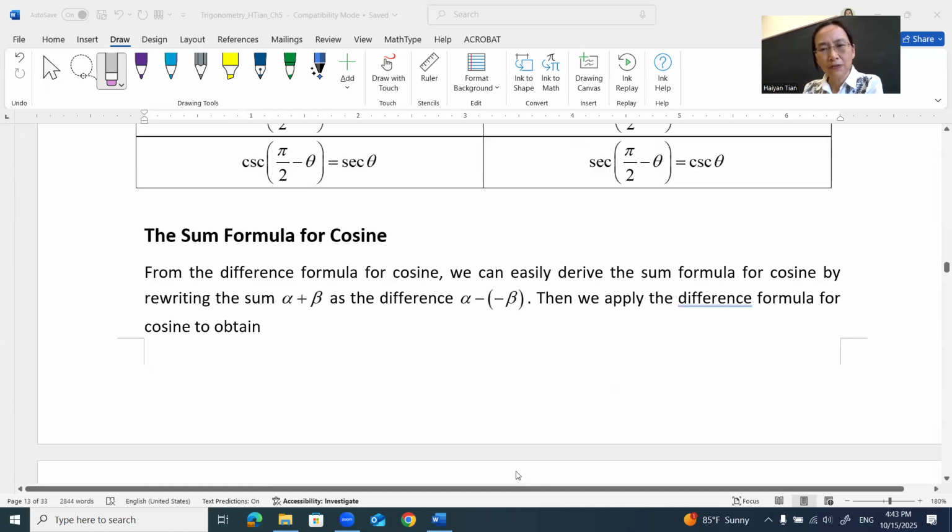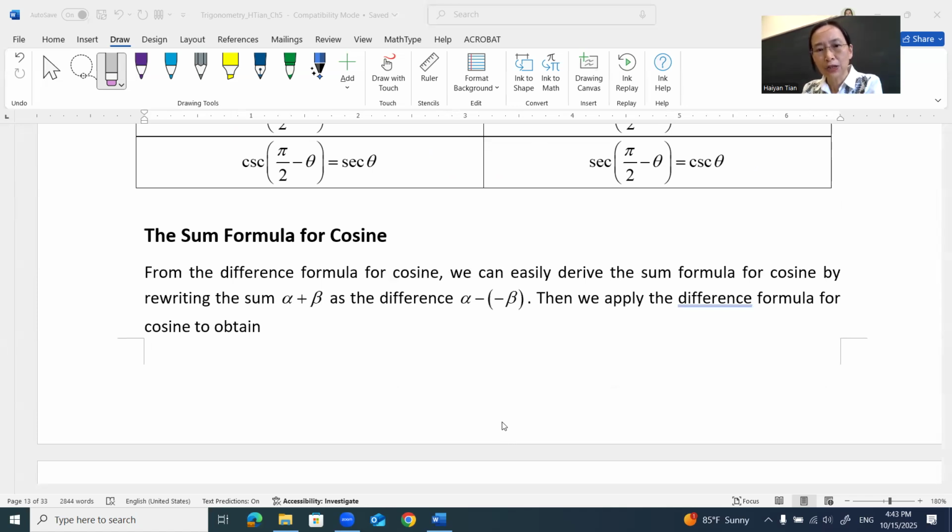Now, since we know the difference formula for cosine, how do we show a sum formula for cosine? If we know the difference formula for cosine, that means we can get this identity, cosine of a difference.